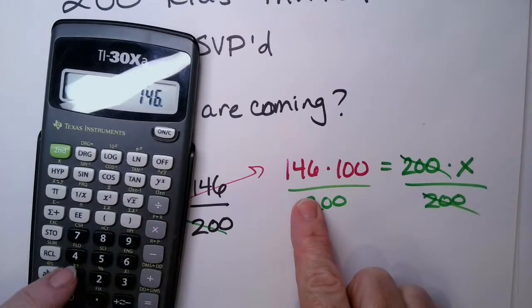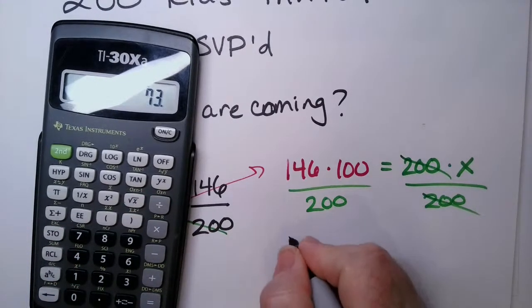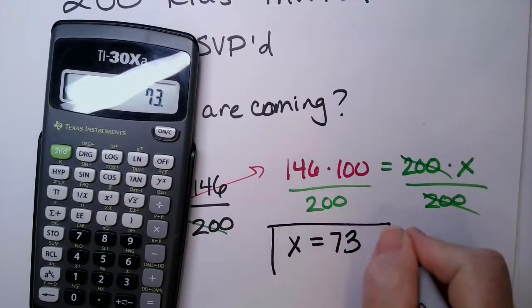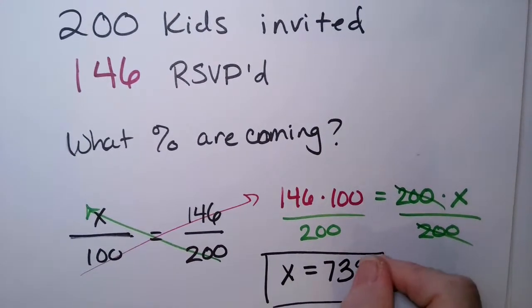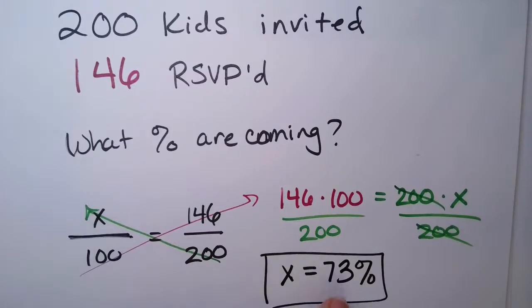You make sure you're doing the calculation with me to make sure you are getting the same answer I'm getting. Okay, so x is 73. Now, is that a percent or is that a number of kids coming? That's right, that's a percent. 73%.